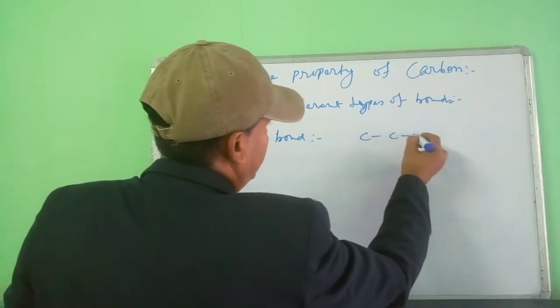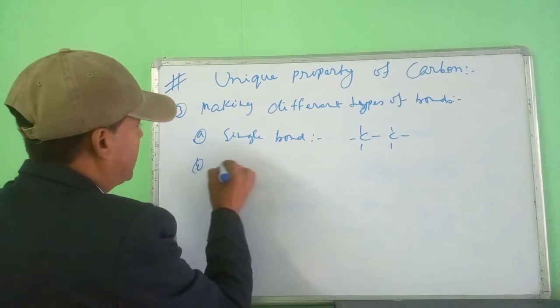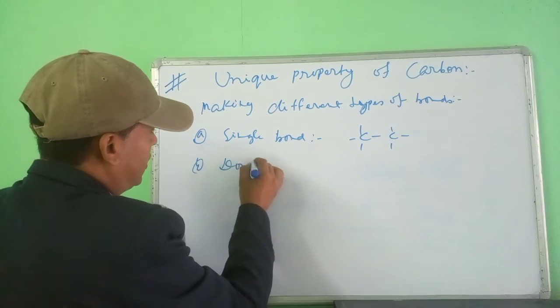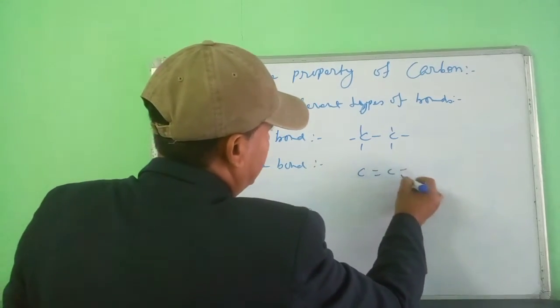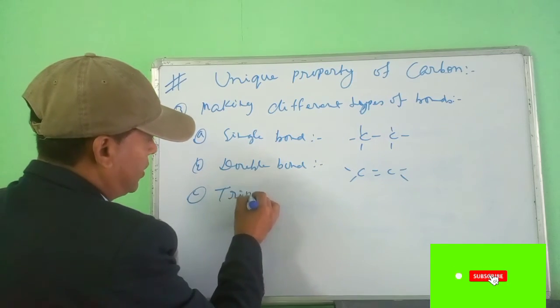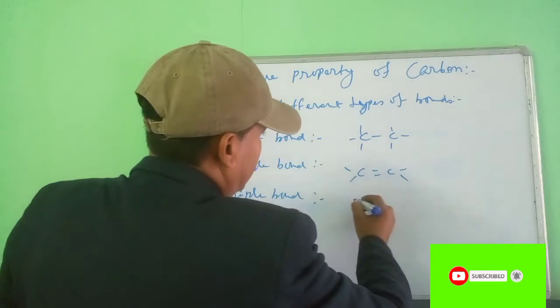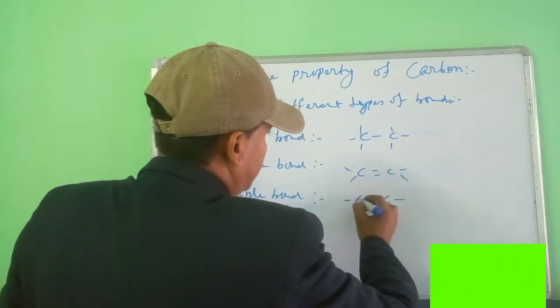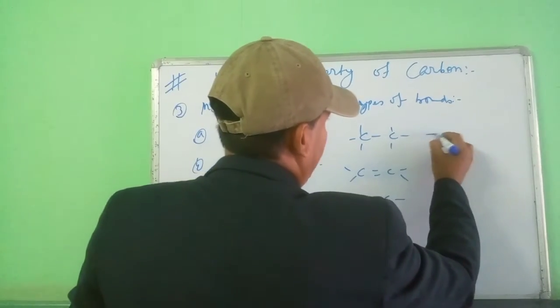This type of carbon single bond. Here double bond, carbon double bond, triple bond. Okay, this type of bond.